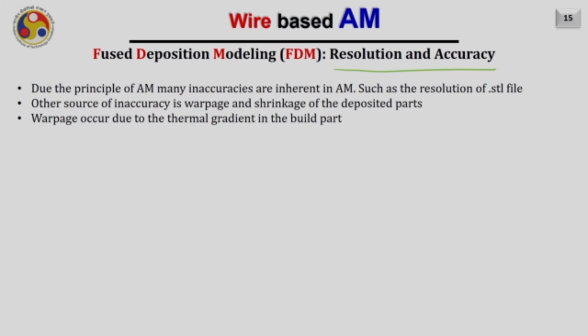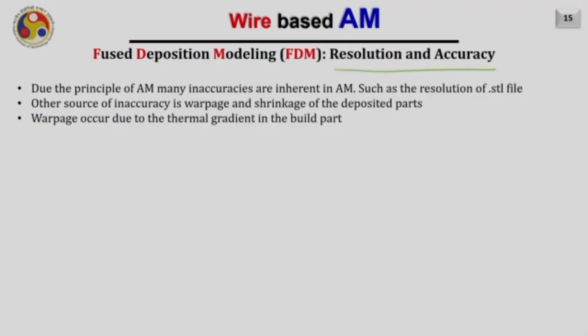Due to this delta T, if I consider just the linear expansion, sigma will be equal to alpha delta T. So due to this delta T and the finite value of alpha, there will be a stress in the deposited part. And when the stress gets relieved or we remove the part from the substrate, then immediately it may get warped. So these inaccuracies are always there in additive manufacturing processes.